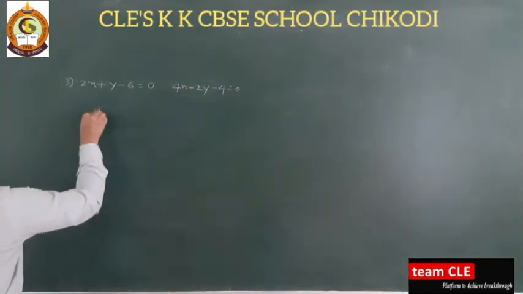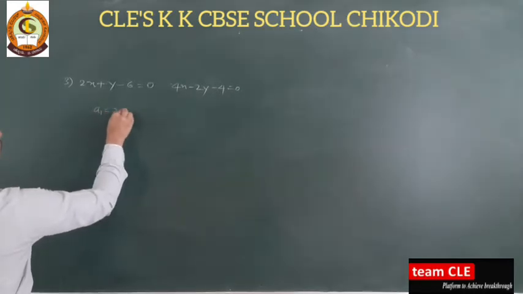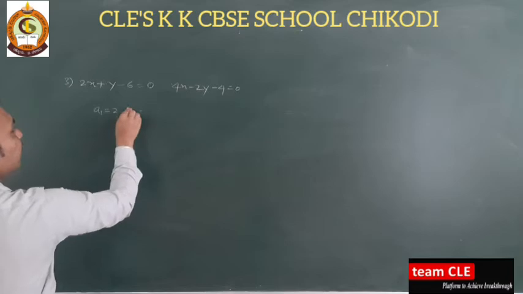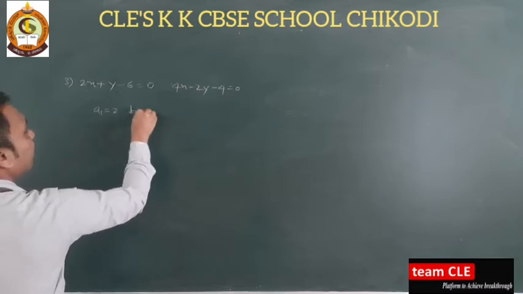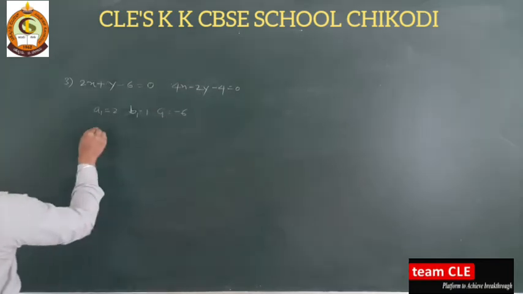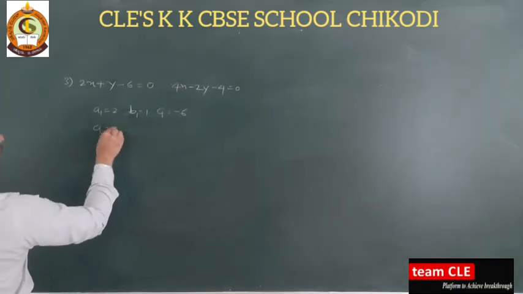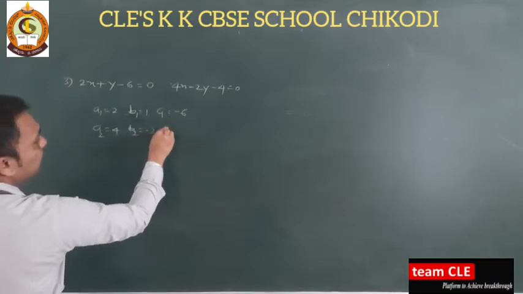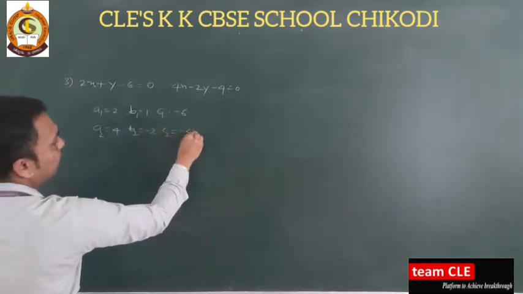Now again, a1 we have 2, b1 we have 1, c1 we have minus 6. Okay, now a2 we have 4, b2 we have minus 2, c2 minus 4.